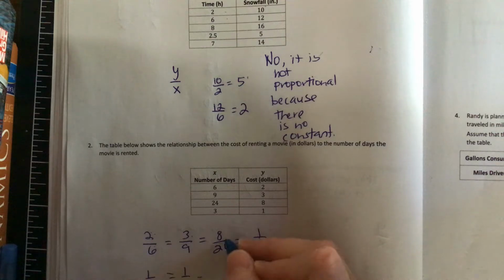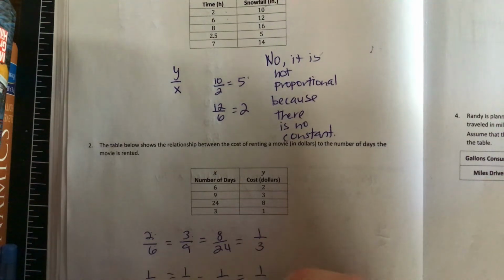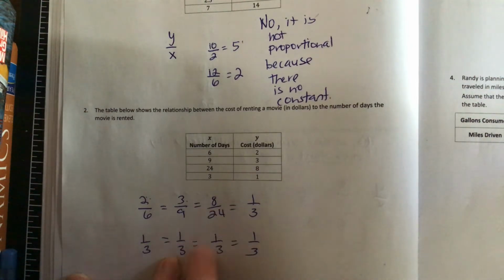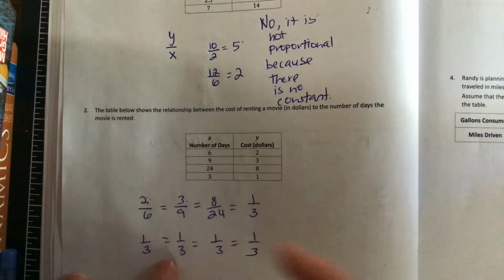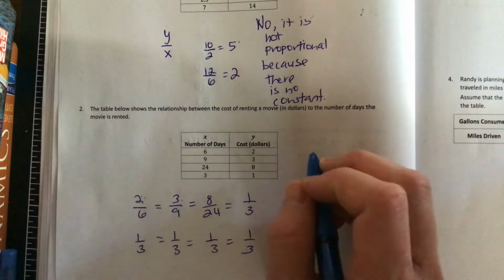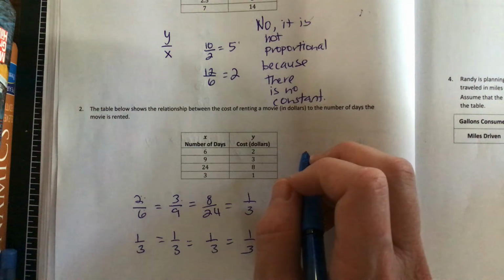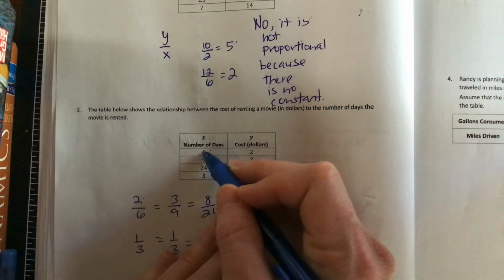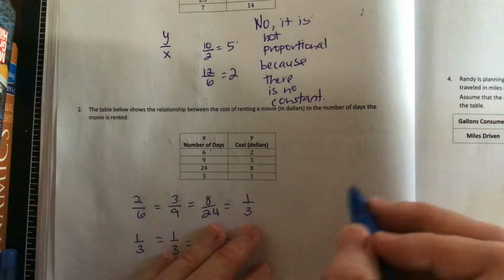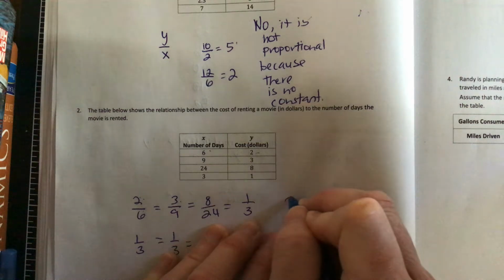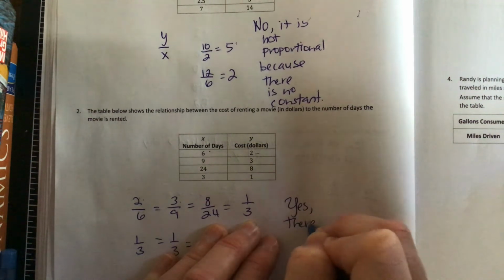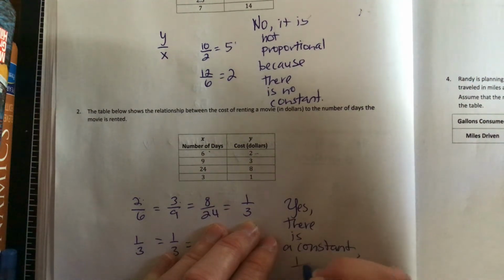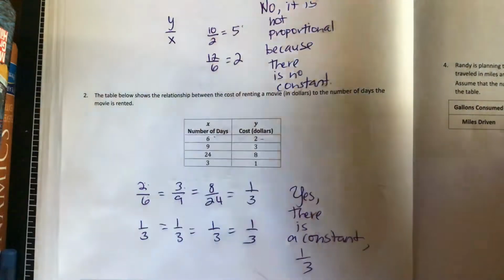If you divide by 8, this is 1/3. So obviously, now you see that this is going to be proportional because there's a constant. That constant is 1/3. Okay? So every number of days can be multiplied by 1/3 to get the cost. Okay? So yes, there is a constant. It's 1/3.